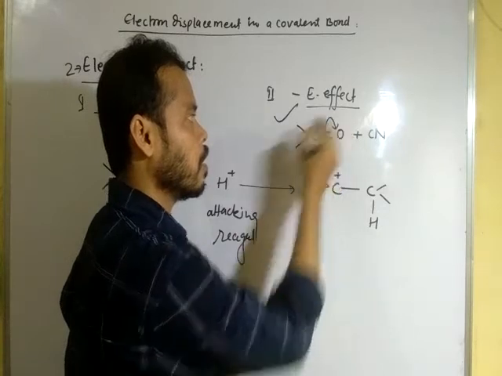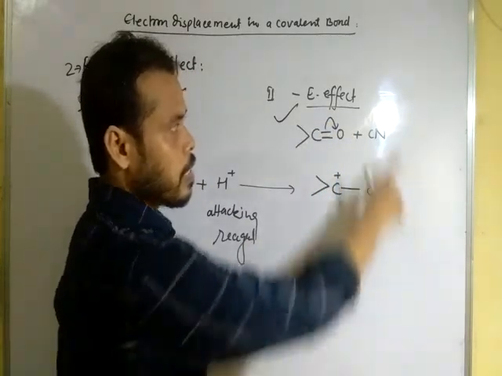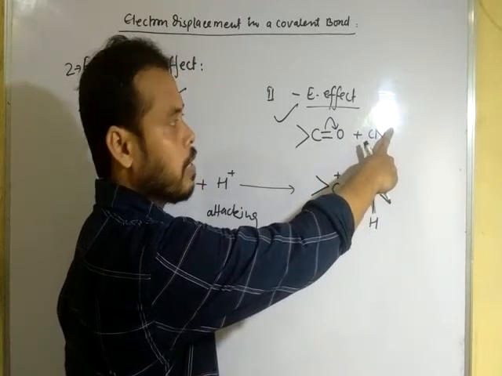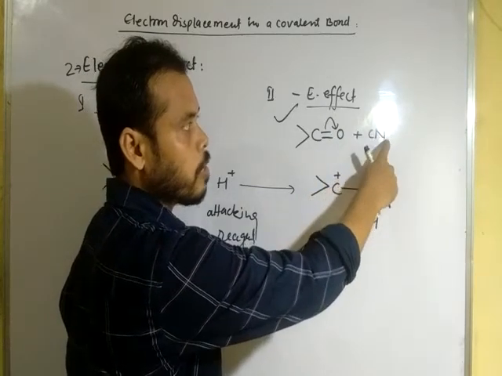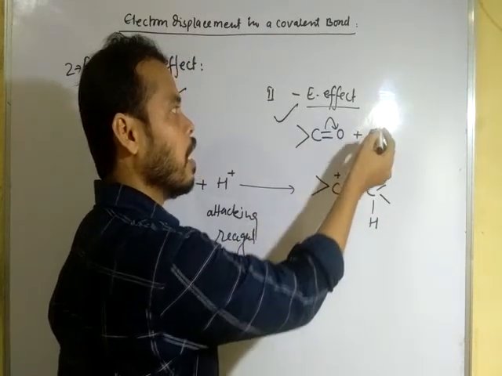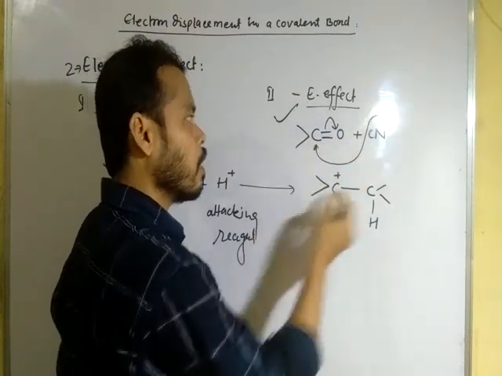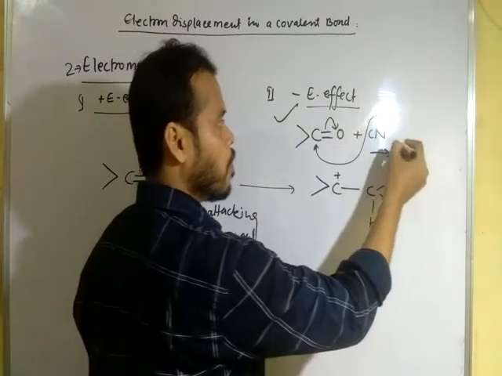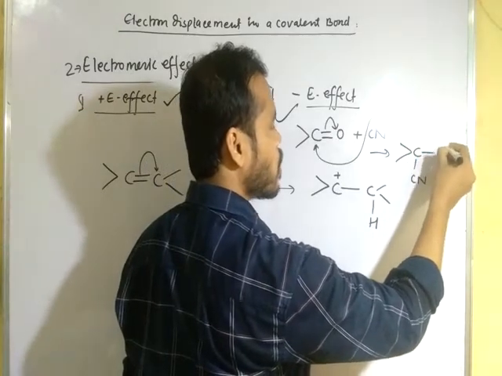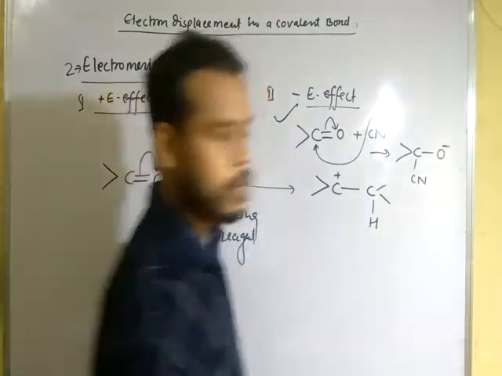Cyanide already bears a negative charge and has electron density, so it will attach to the carbon nucleus. The product forms with C, CN, and oxygen with a negative charge.